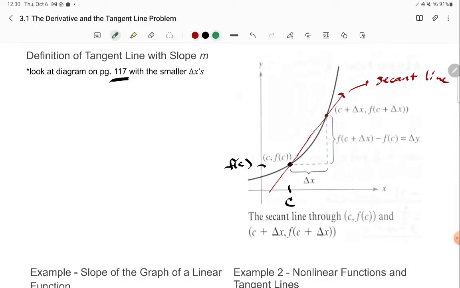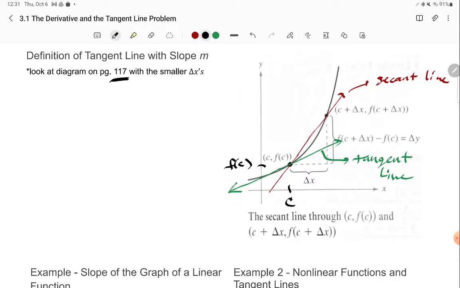So it's going to look something more like this. If we draw the slope at that point, this is more along the lines of what the tangent line would look like. And that's our goal, how do we get the slope of that line? You can see that it's nowhere near what the secant line is.